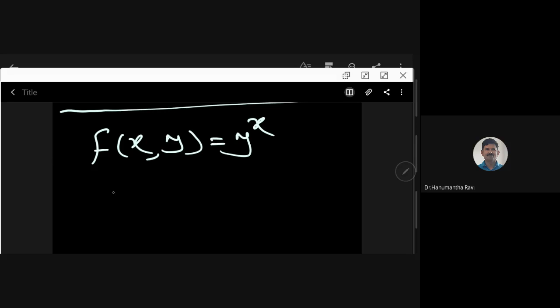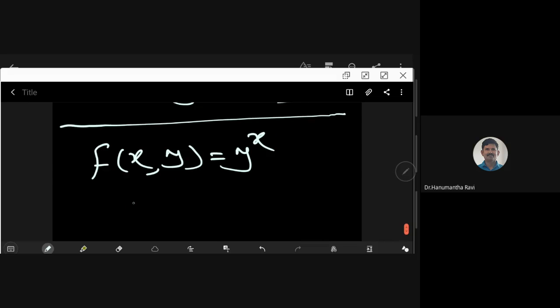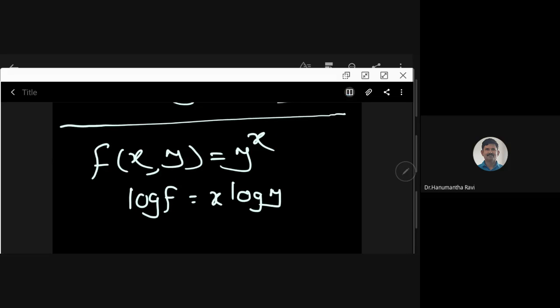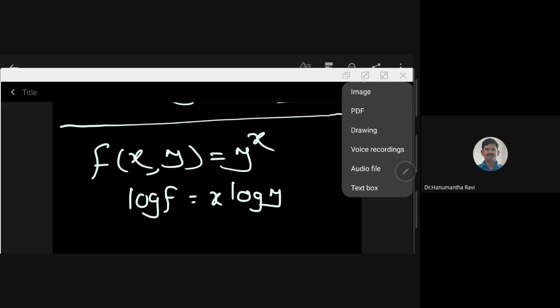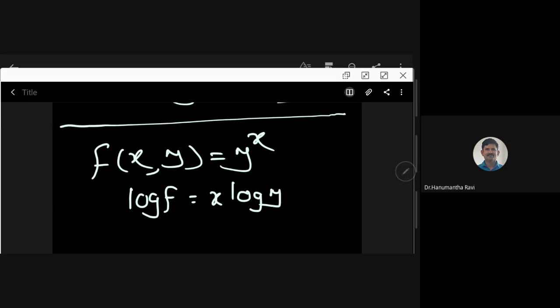So log f is x log y. Then see, what we are interested in here is dou square f by dou x dou y. So first we'll try to find dou f dou x.